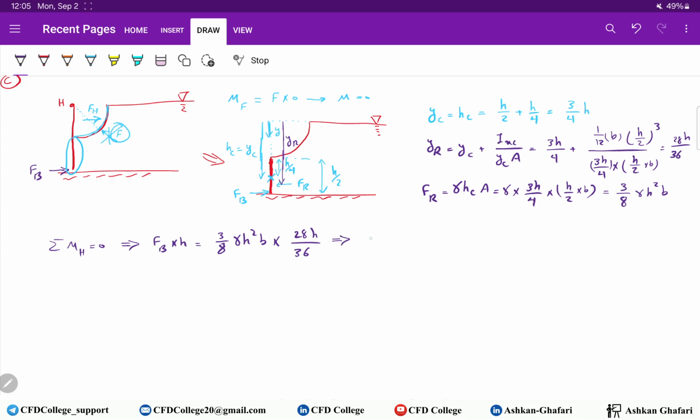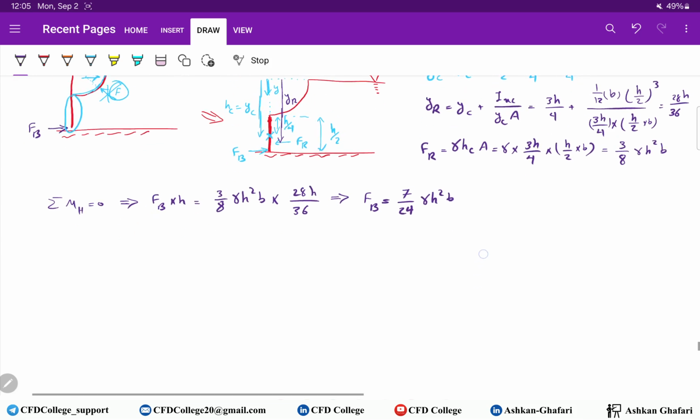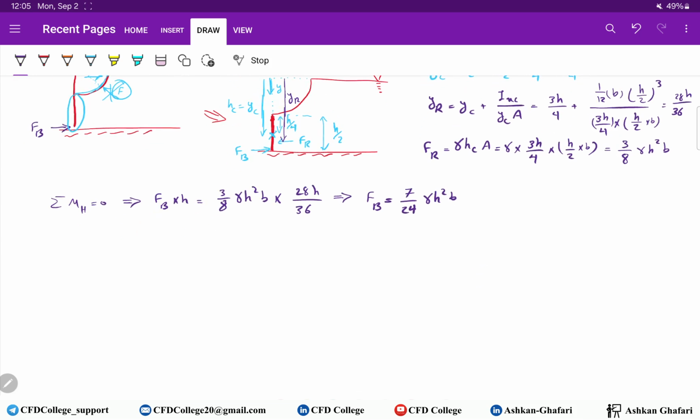So from this equation you can find FB equals 7 over 24 gamma H2B, and if you divide this by R you can find that FB in this case in gate C equals 0.875 R.